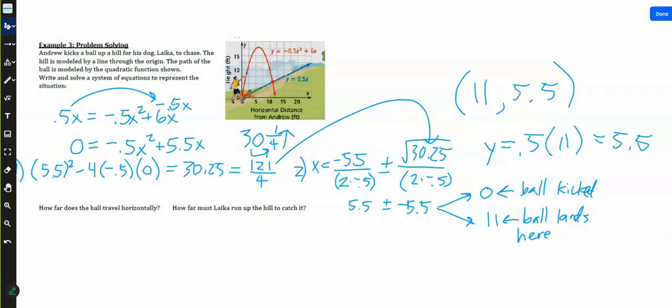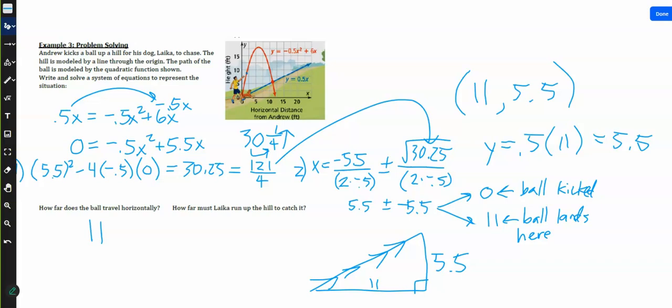How far does the ball travel horizontally? 11 feet. How far must Leica run up the hill to catch it? Oh, now that's an interesting question. Because truthfully, we have 11 feet and 5.5, but Leica the dog is traveling along the hypotenuse.